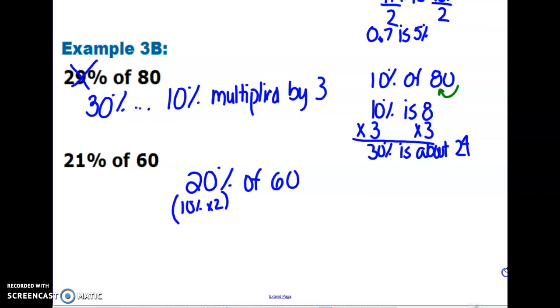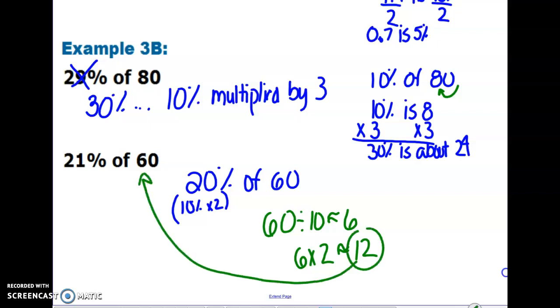So if I think of 60, 10% is, if I divide it by 10, I get 6. And then 6 times 2 to make it 20% is going to give me 12. So 12 is about 21% of 60.